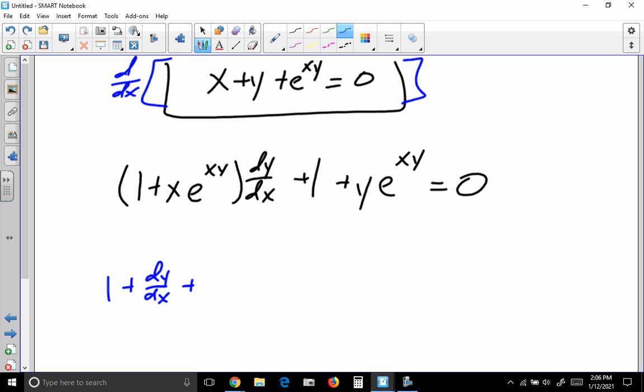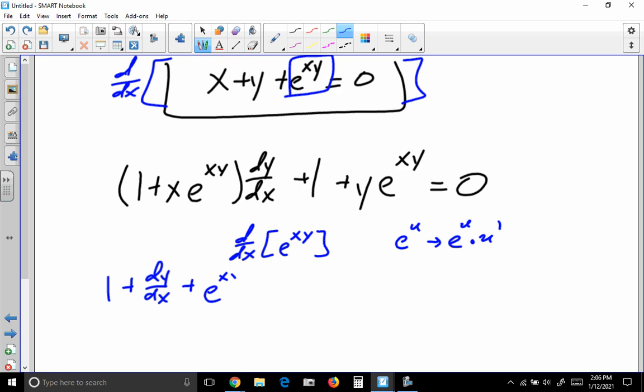The derivative of e to the xy, well, let's look at that. What is the derivative of e to the xy? Well, the derivative of e to the u is e to the u times the derivative of the exponent. So the derivative of e to the xy will be e to the xy times the derivative of xy.